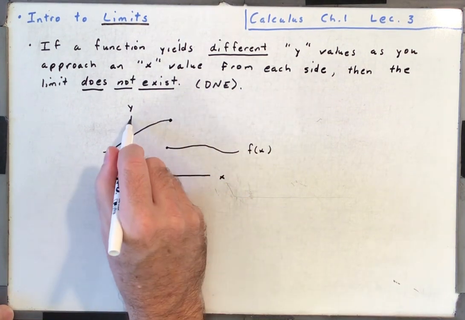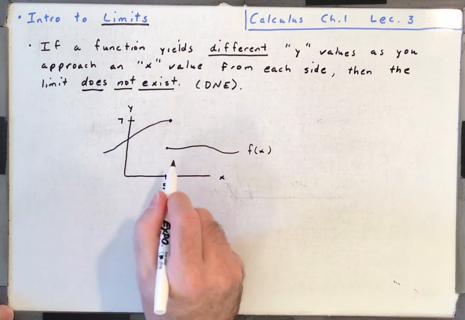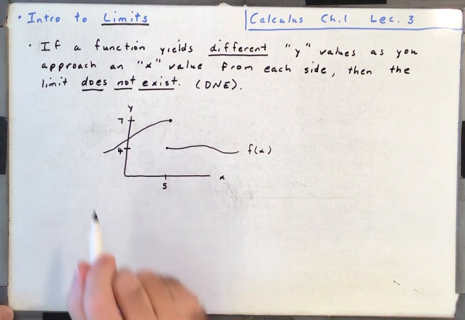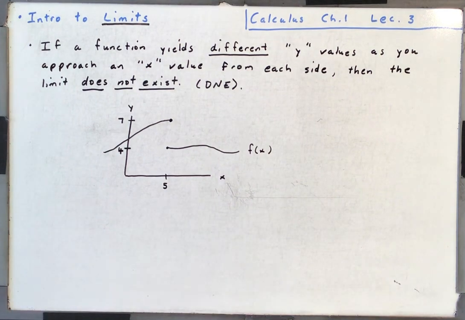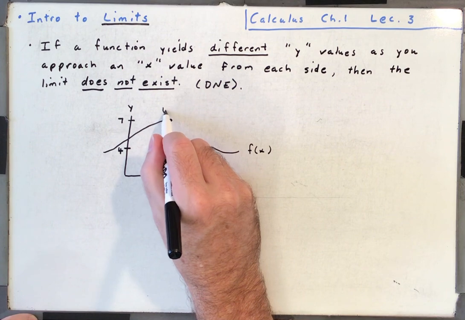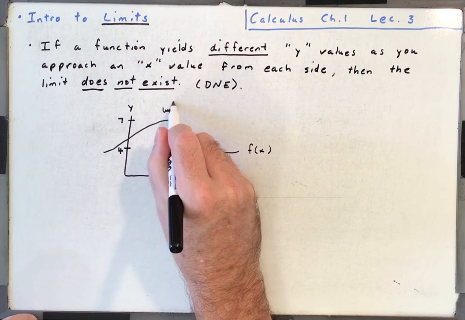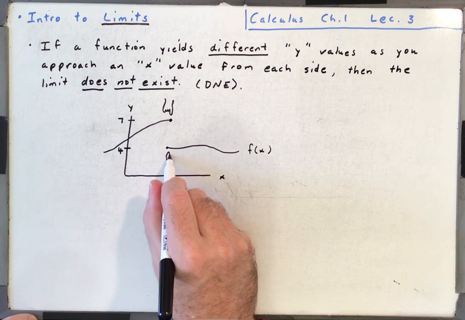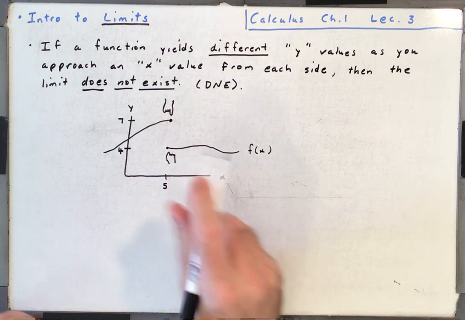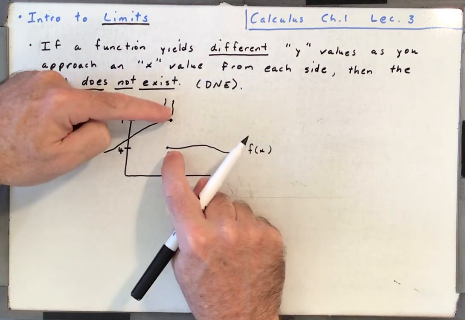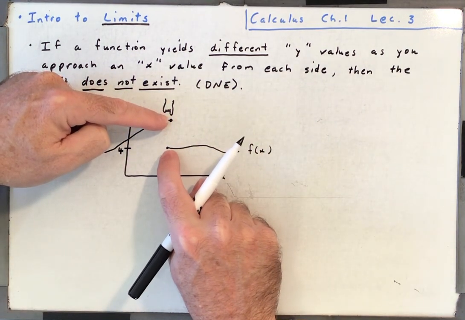Let's say that the y value up here at 5 is 7, and down here, let's say that's 4. If you were to trace this with your fingers, coming from the left, coming from the right, your index fingers don't come together.